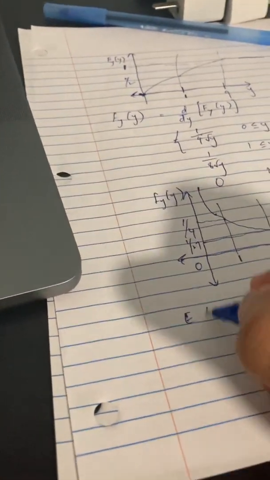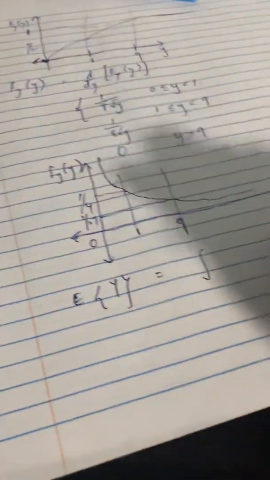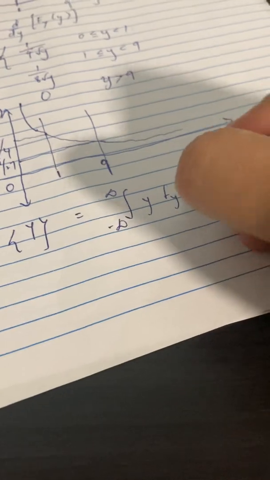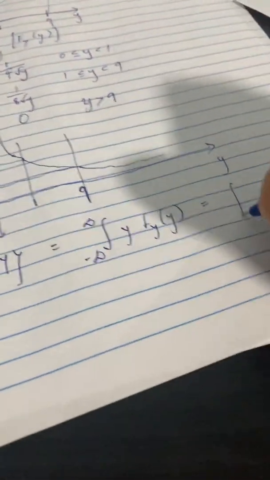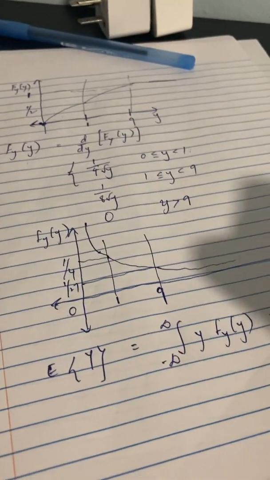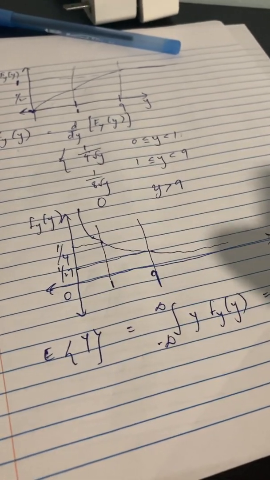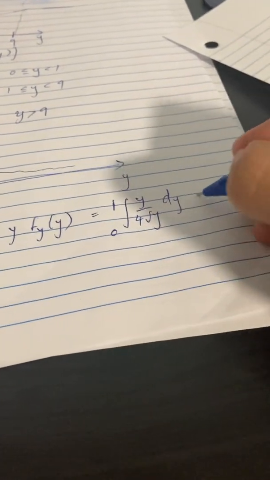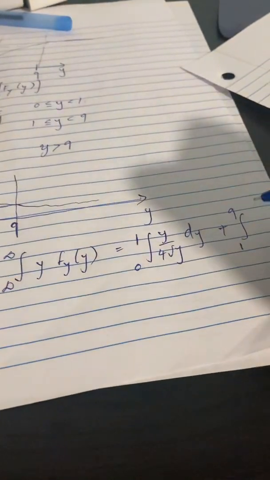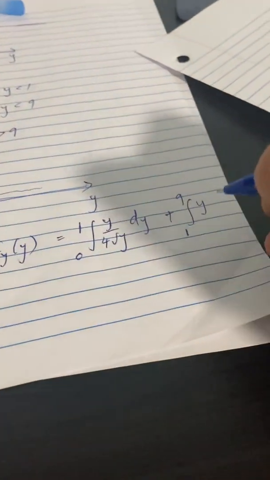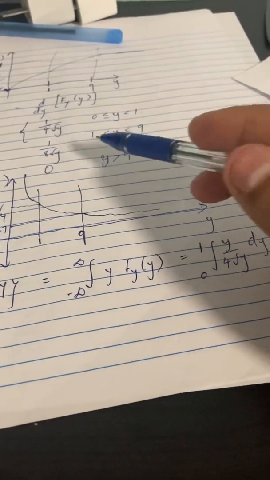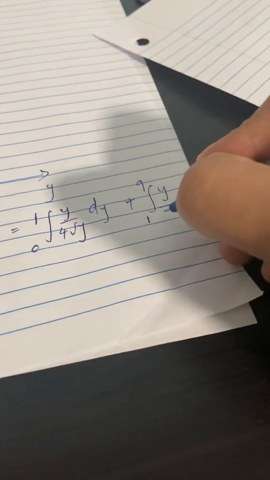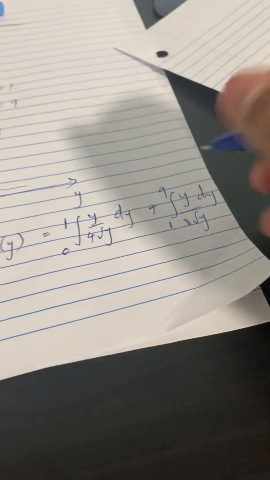Now let us calculate the expected value of y. It is a simple formula, the integral from minus infinity to infinity of y times f of y. This is equal to the interval between 0 and 1 with 1 by 4 root y, and there's a y in the numerator, and for y between 1 and 9 it's 1 by 8 root y, dy.